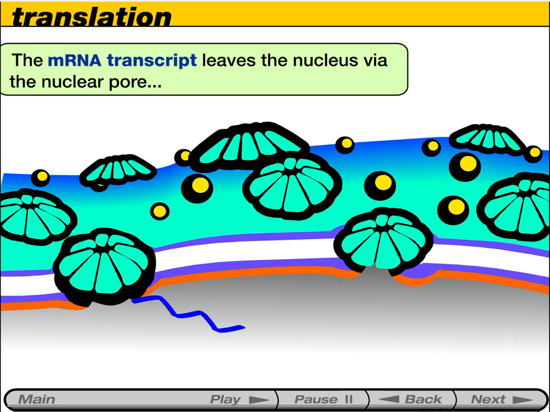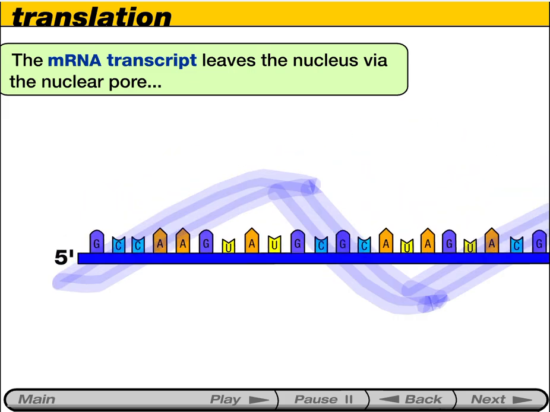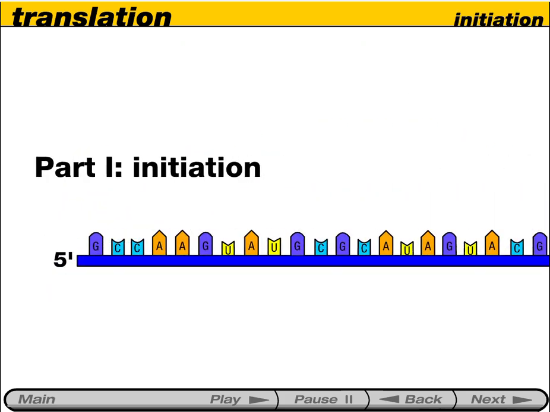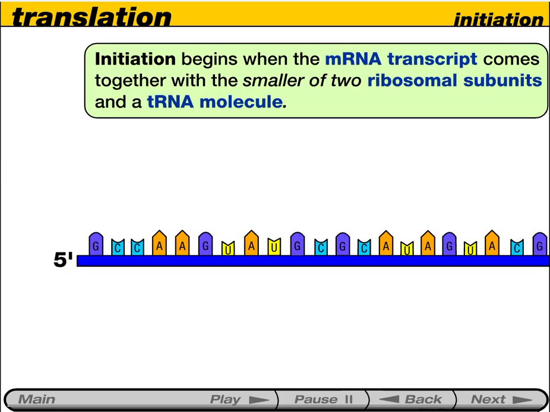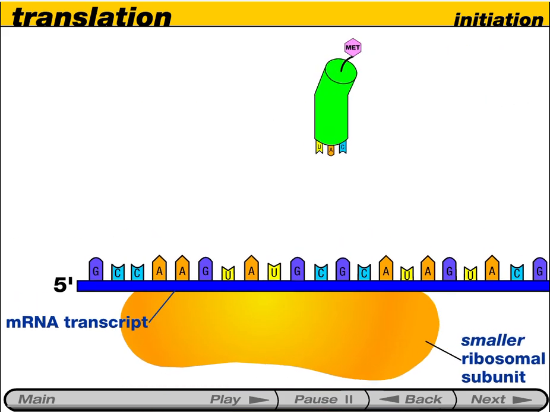The mRNA transcript leaves the nucleus via the nuclear pore. Part 1. Initiation. Initiation begins when the mRNA transcript comes together with the smaller of two ribosomal subunits and a tRNA molecule.